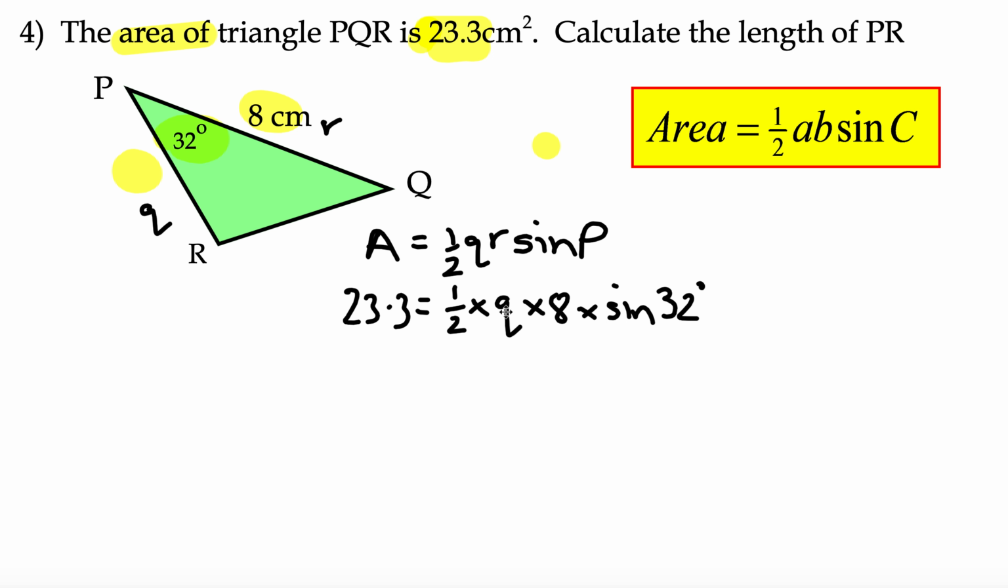So how do we go ahead and work that out? Well, what I would normally suggest is that you work out the numbers you know on the right hand side. You've got a half and 8 there times sine 32. You can take your calculator and work out all the multiplication. So I'm going to put in 0.5 times 8 times the sine of 32.